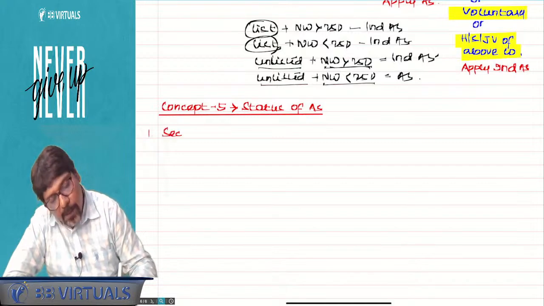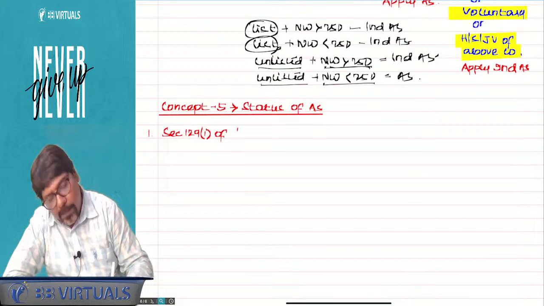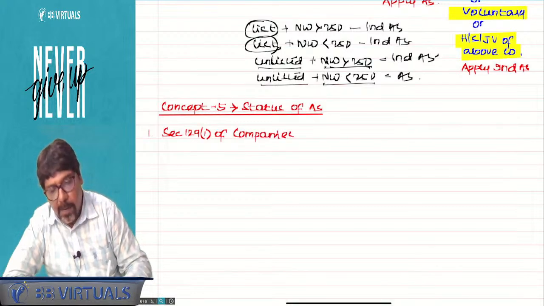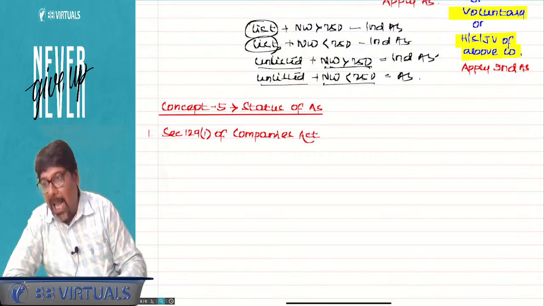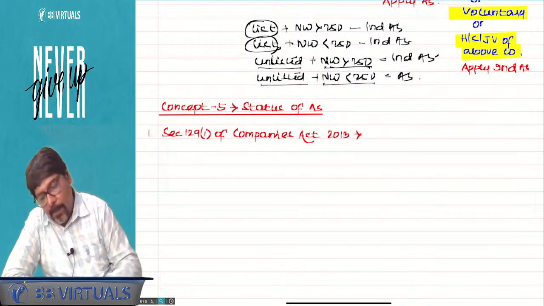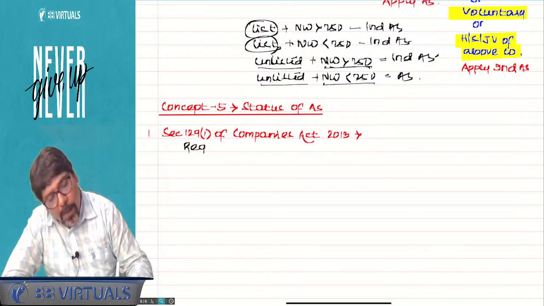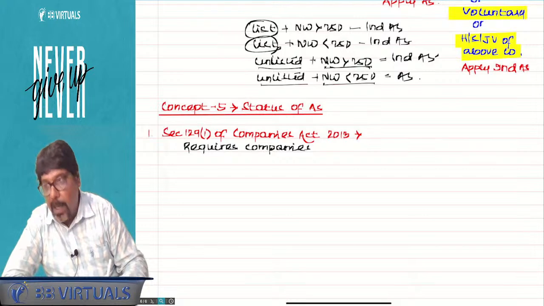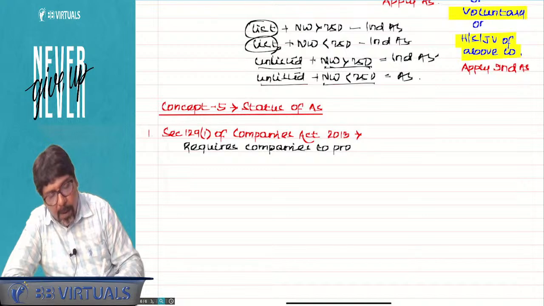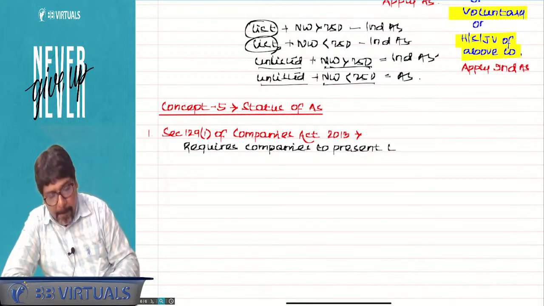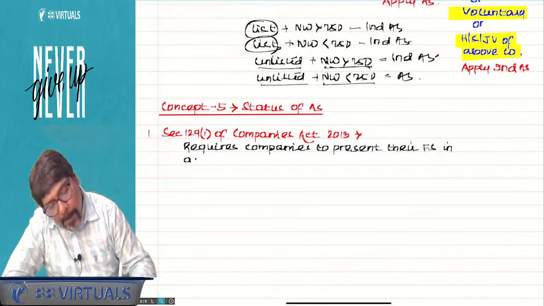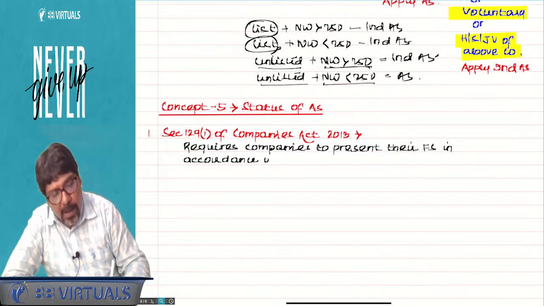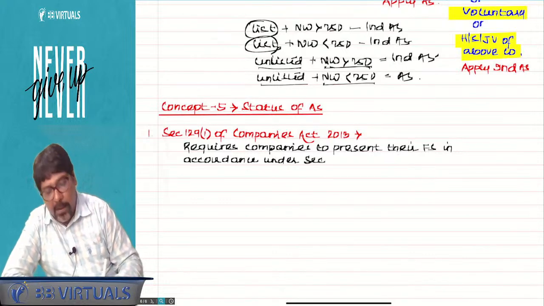Point number 1. Section 129(1) of the Companies Act 2013 requires companies to present their financial statements in accordance with the standards notified under Section 133 by the Ministry of Corporate Affairs.